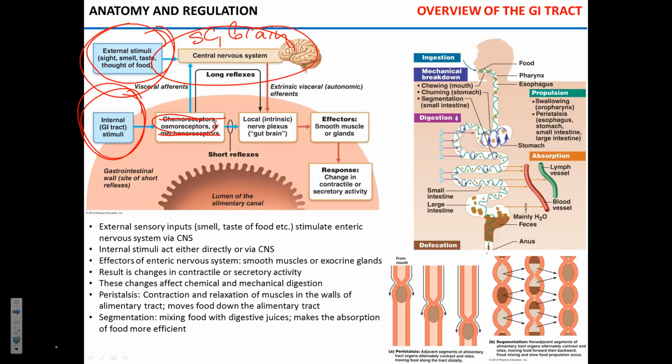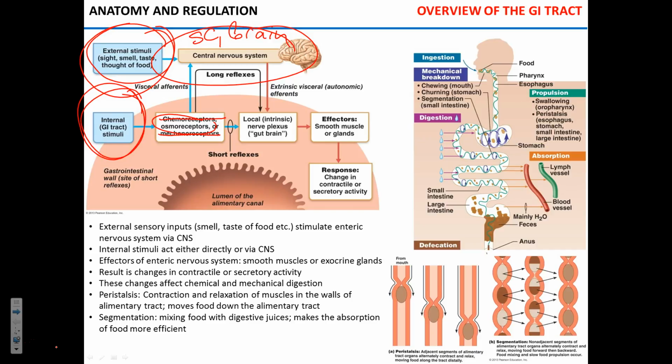Does that make sense? Now, digestion. Is that sympathetic or parasympathetic activity? Parasympathetic, right? Rest and digest. So which nerve of the parasympathetic, which cranial nerve, controls most of the internal organs?